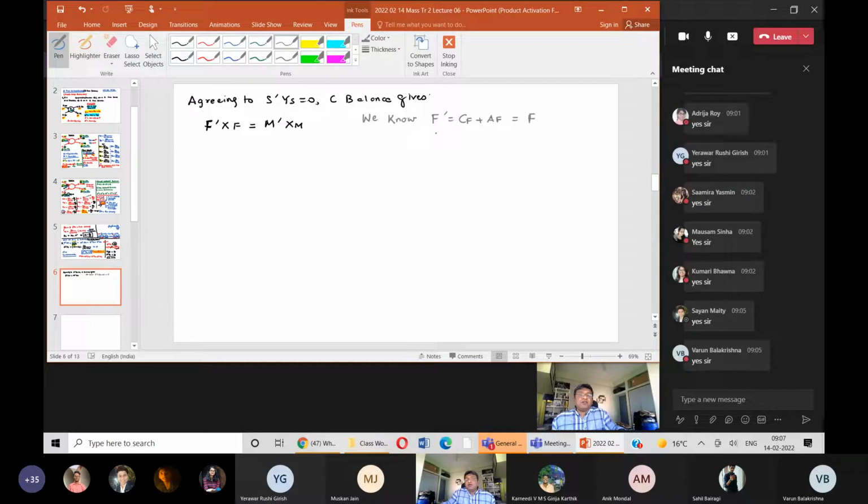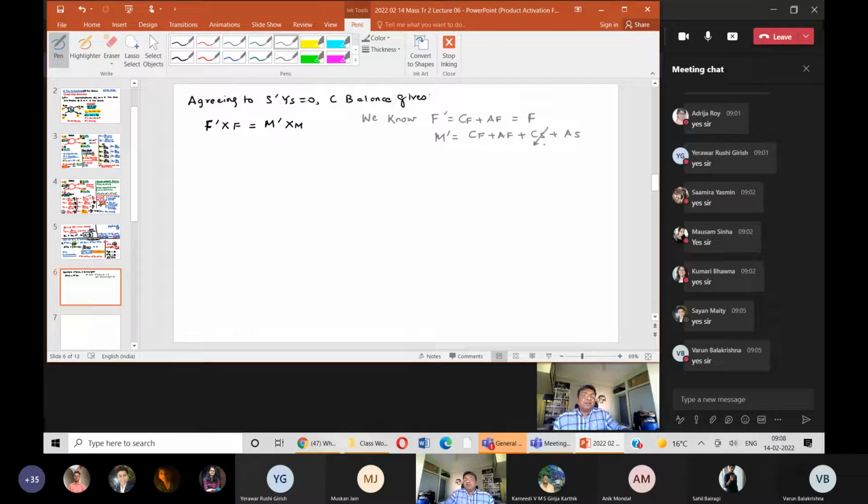And we have also proven M. Acha. So f dash is equal to f, and we have proven m dash is equal to c in f plus a in f plus c in s plus a in s. That's the input for m.